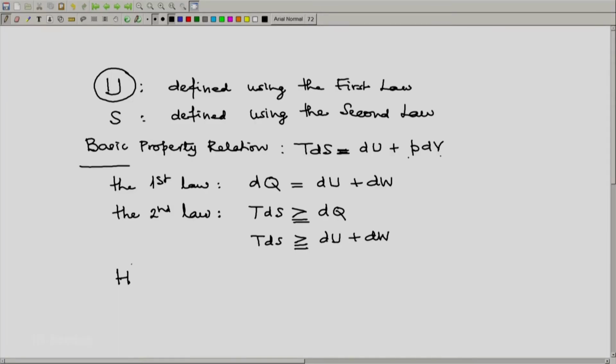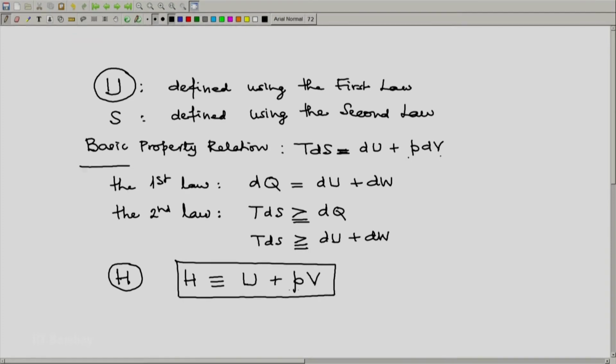And we have defined the enthalpy, which is defined as U plus PV. Since it is related to U, if U is thermal energy, this is known as the enthalpy, and it is in general known as an energy function in thermodynamics.